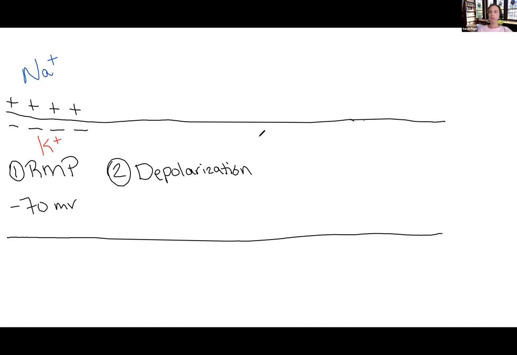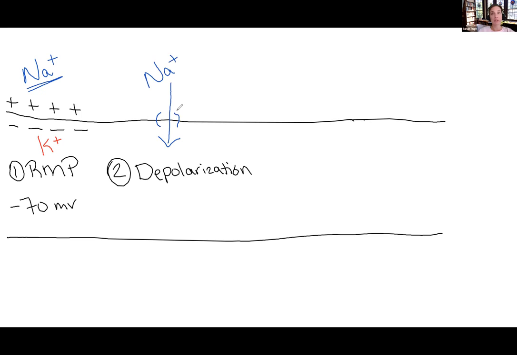That's it, sodium channels open. So acetylcholine's present, sodium channels open. And if I put a little opening right here, remember we have more sodium outside the cell, so it's going to move from high to low. Sodium is going to move into the cell.